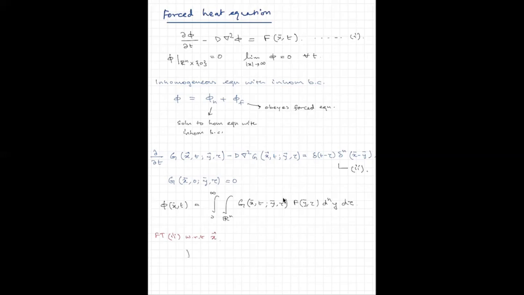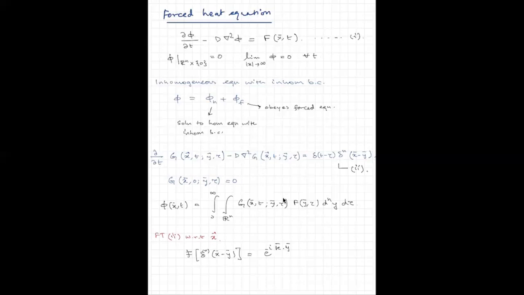You have to keep in mind that the Fourier transform of delta n of x minus y is just a plane wave, so this is going to be e to the minus i k dot y.